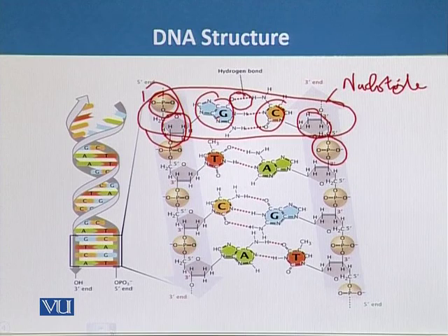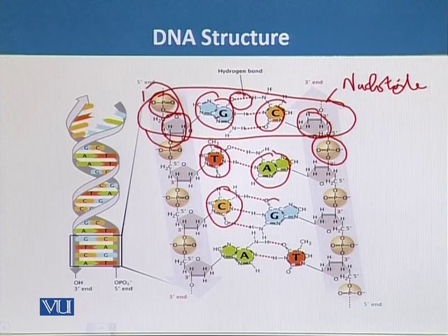So there are only 4 possibilities in the DNA structure. Either thymine will bind with adenine, or cytosine will bind with guanine, or adenine will bind with thymine.